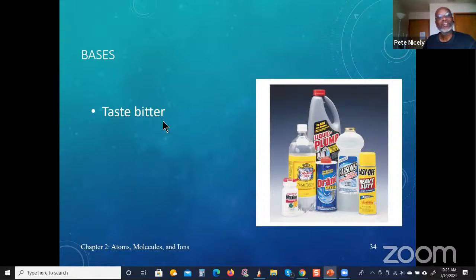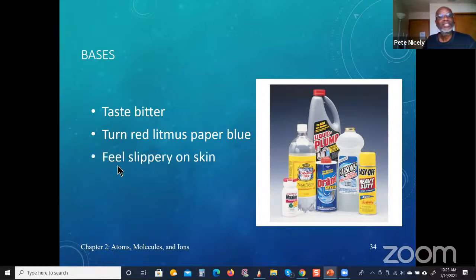Again, I would not recommend that you go about tasting substances in the lab to figure out if it's basic. As I stated earlier, bases turn red litmus blue. And one important property that they display, which again I won't recommend you try out in the lab, is that they tend to feel slippery on the skin. The reason is that bases will react with oils on your skin to form soap.